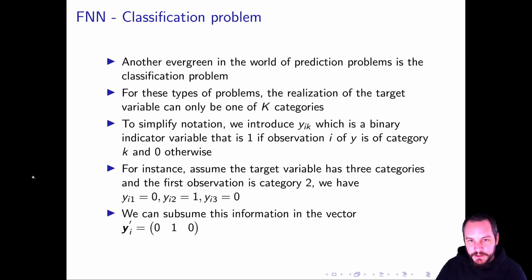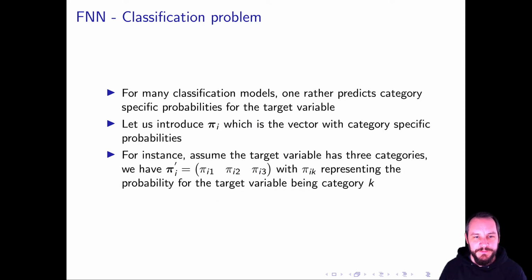And of course we can do this for any number of categories that we have for target variables. Usually one only uses this for classification problems with more than 2 categories, but of course you can also use this for binary classification problems.